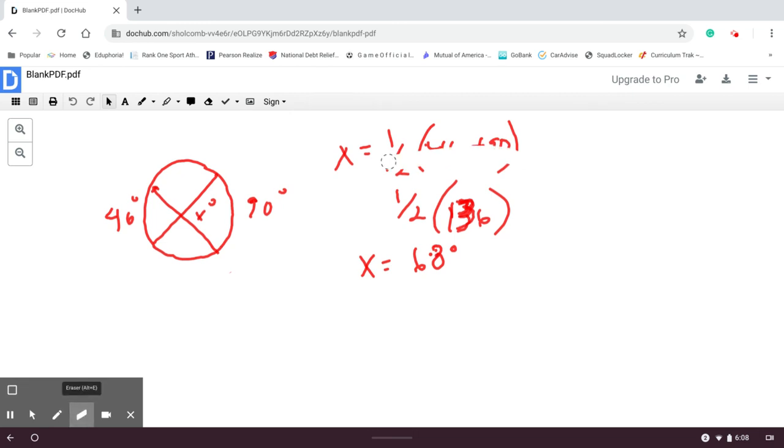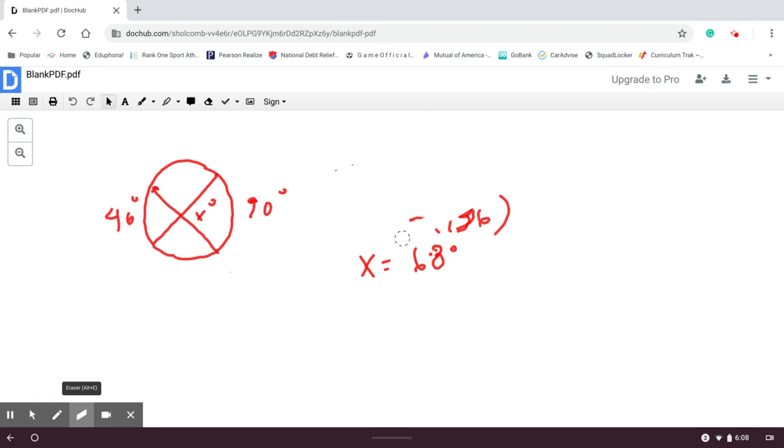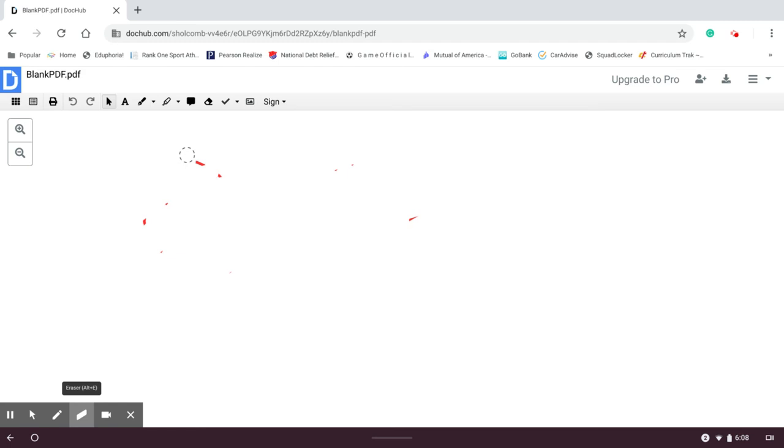12-14, slightly different. In my estimation, 12-14 can be a little bit more confusing, so just be careful of it. All right. Now we've got another circle.